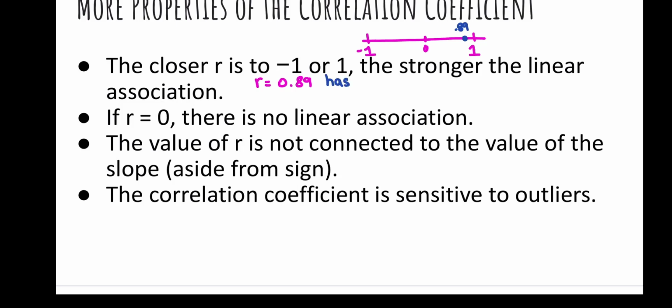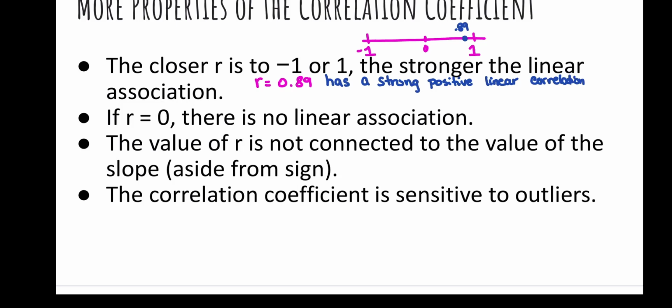So the closer it is to 1, the stronger the relationship. If you have a correlation coefficient of 0.89, that would mean it has a strong correlation, and the correlation is positive. So it would be a strong positive linear correlation.